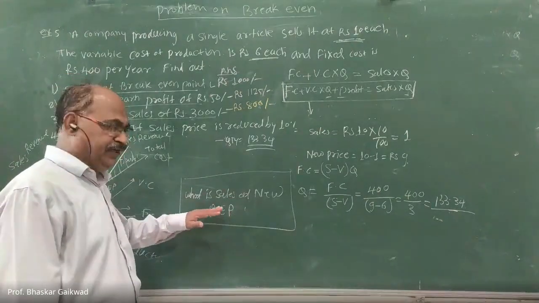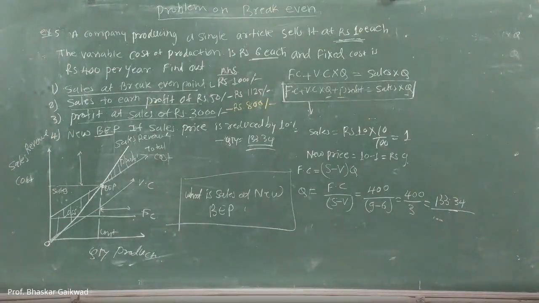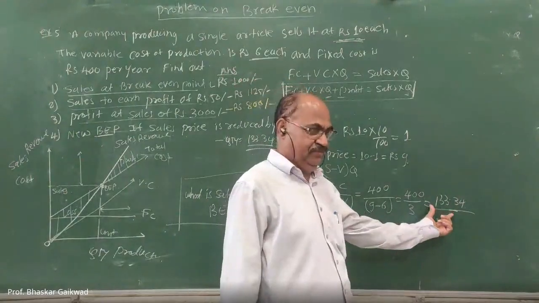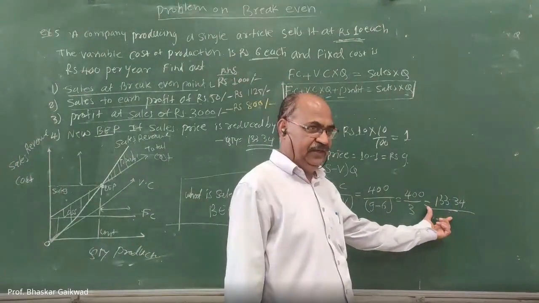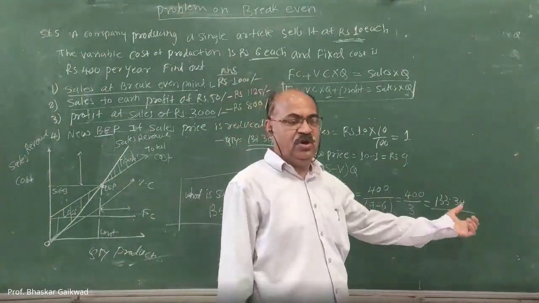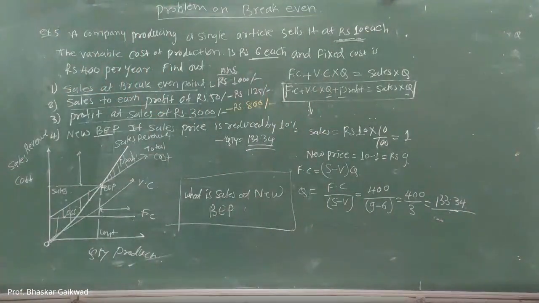Sales at new break-even point. Is this that much difficult, sir? It is very simple. Quantity we have given. If we have calculated quantity, and what is the new sales value? 9 rupees. 9 into quantity. Am I correct? This is a sale or not?